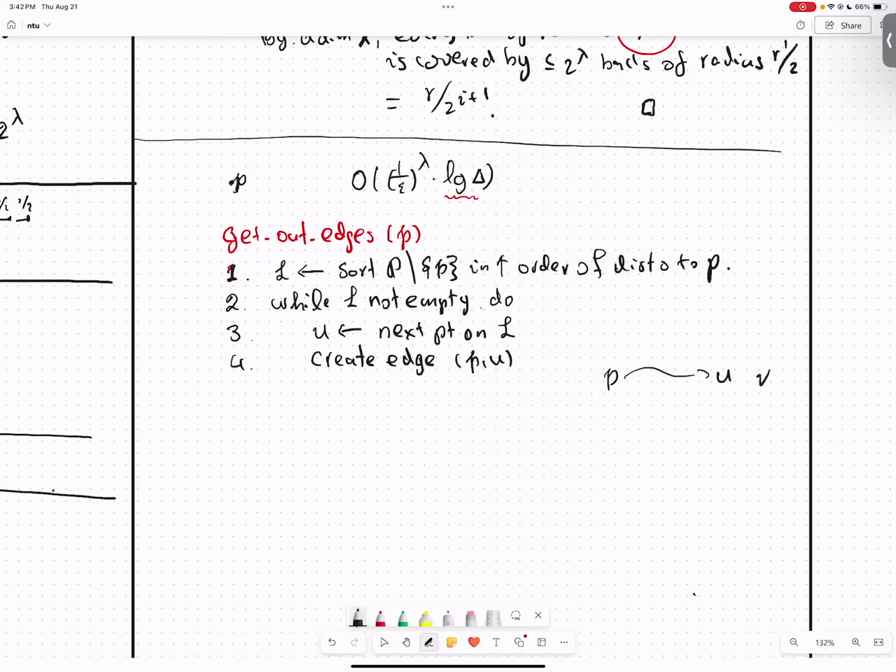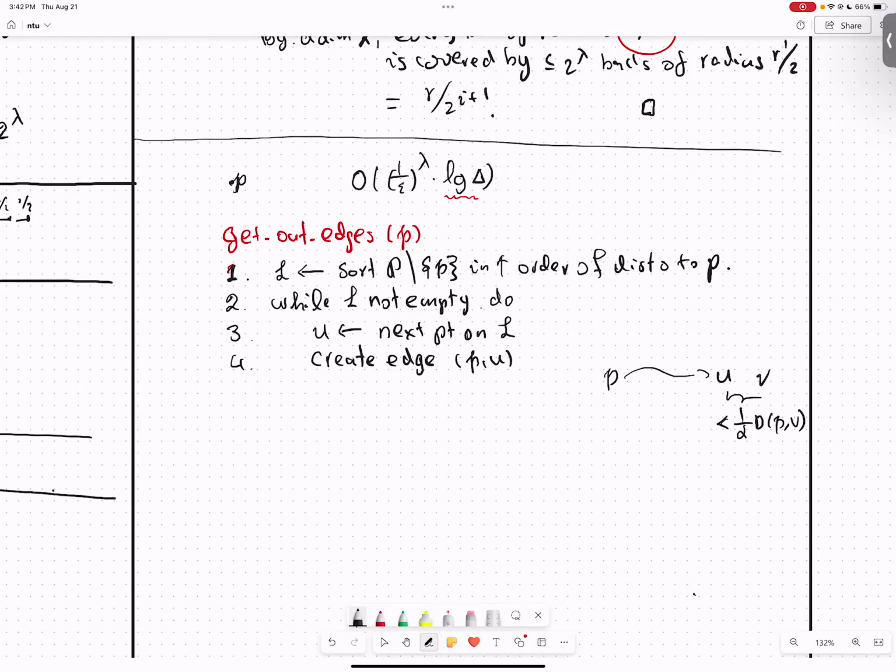But we need a way to do this formally, right? So if we say, well, this distance is less than 1 over alpha of the distance between P and V, then we don't do it. From P to V, that's huge, right? That's transcontinental, very far. Now, let's say alpha is 10.